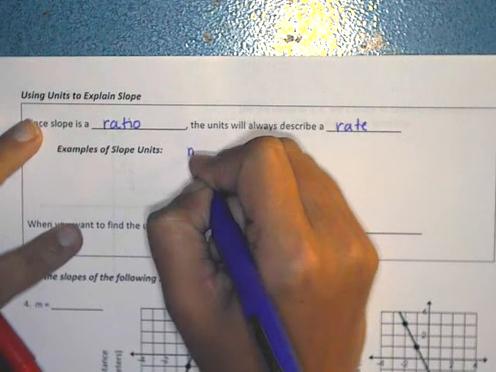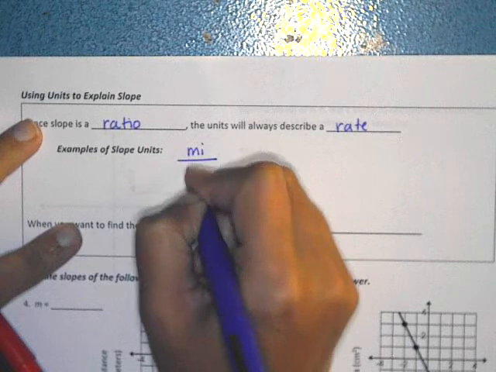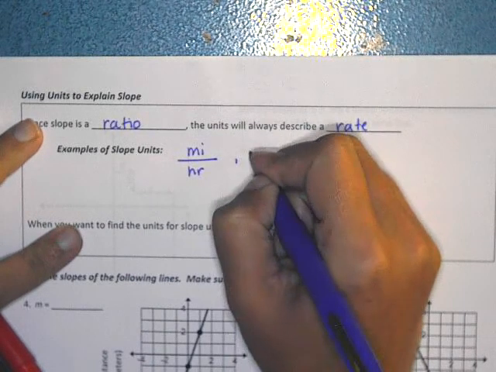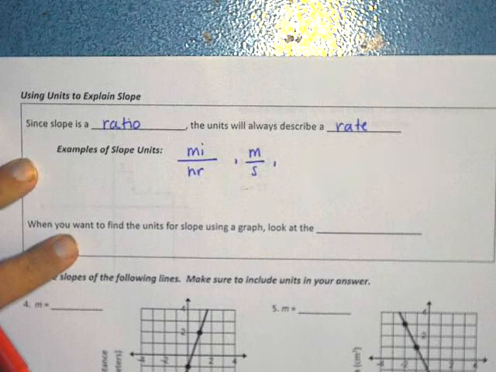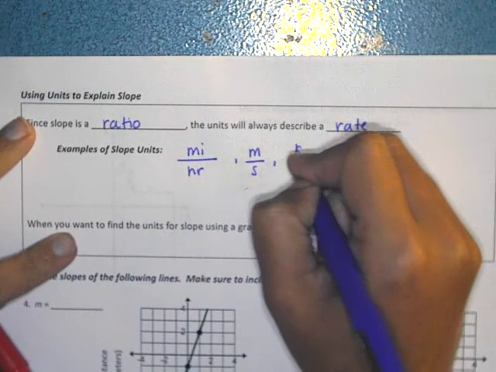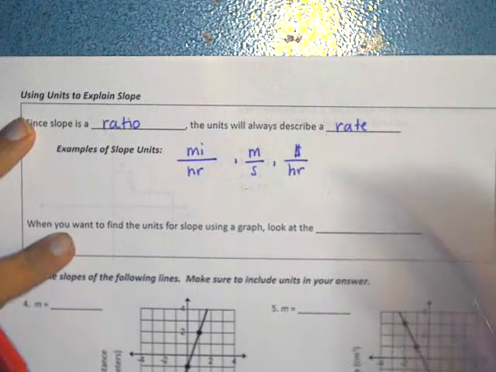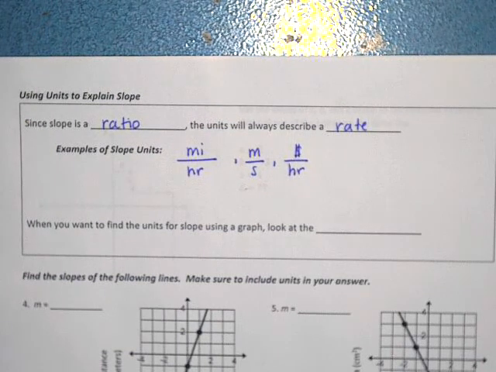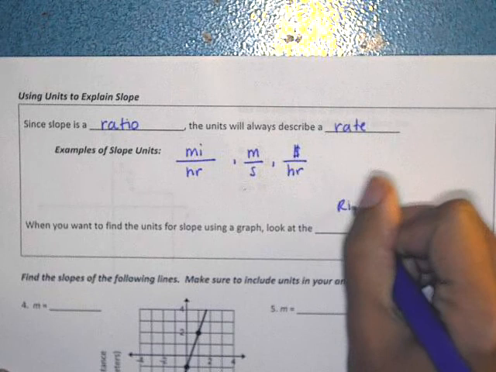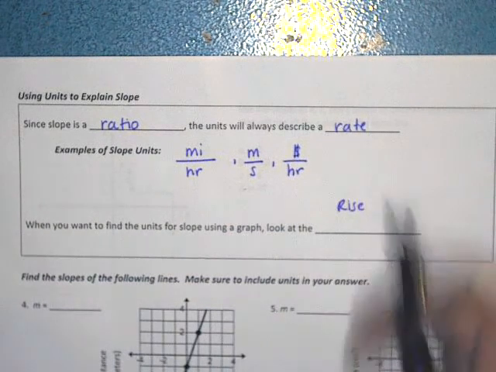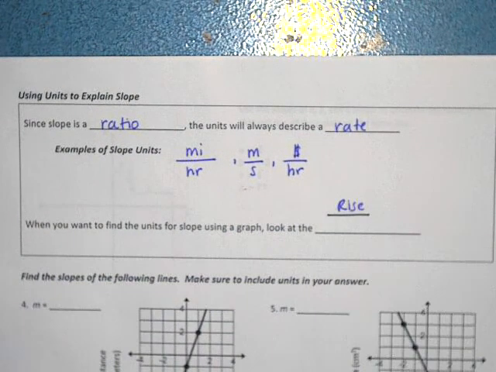So think about that as like your rate of speed, like miles per hour, or meters per second. Or it could be your rate of pay, so it could be dollars per hour. All of these units are fractions because slope is a fraction. When you want to find the units for the slope, you're still going to look at the rise divided by the run.